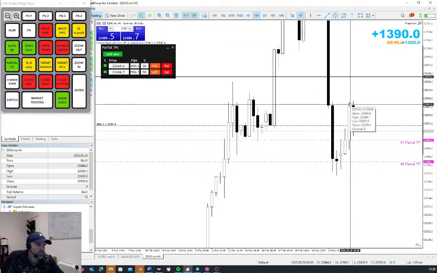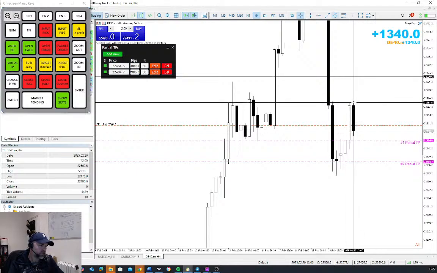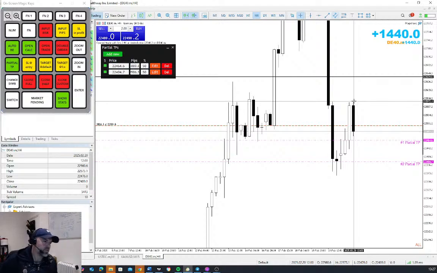What have we got? 8 till 12, so it's going to be 12 till 4, so it's 10 till 2. So this 4-hour candle is going to close off in 33 minutes.